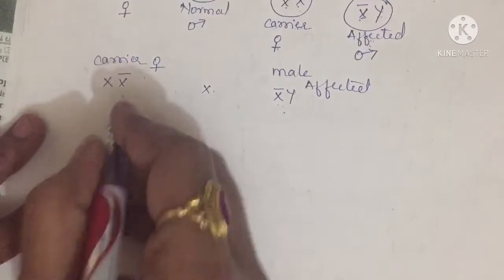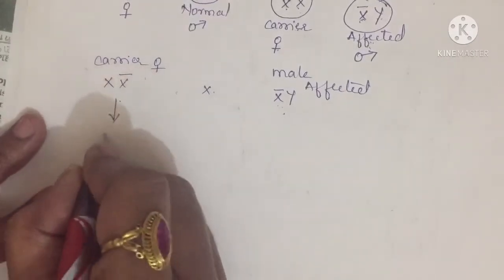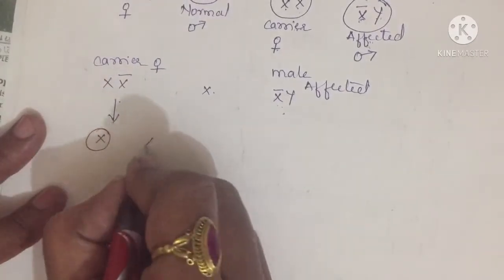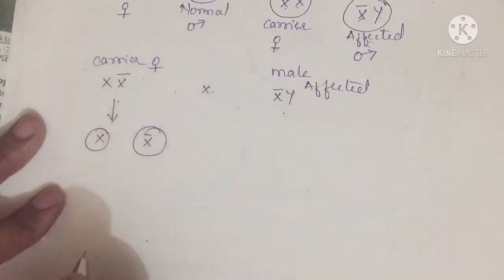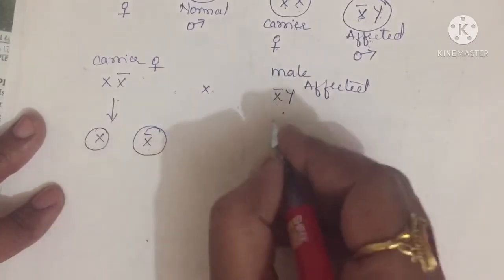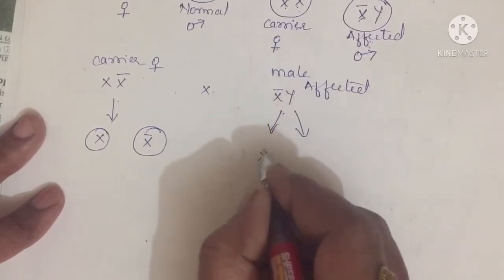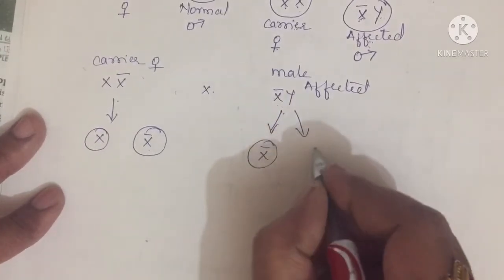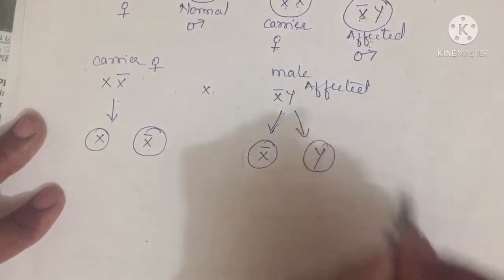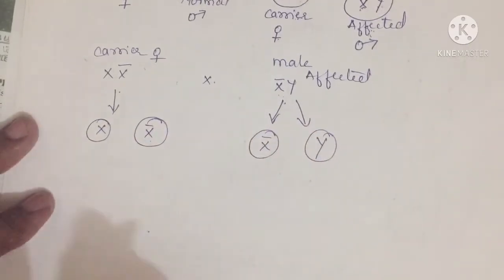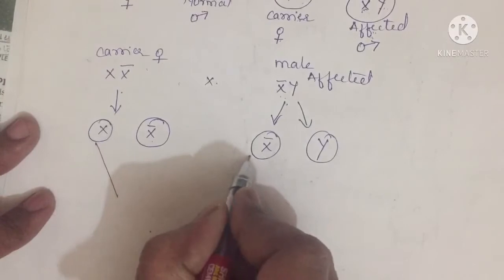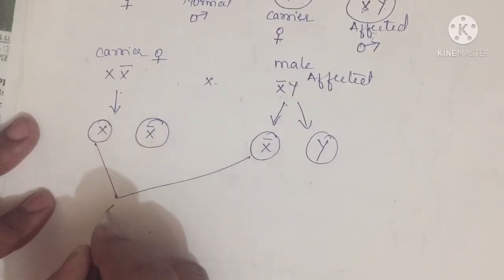Okay, so if she produces gametes, one gamete can have normal X, another can have the affected, defective X chromosome. Now for the sperm produced, one sperm has the defective X chromosome, another sperm has the normal Y chromosome. Now again we can find the same after fertilization: X dash.